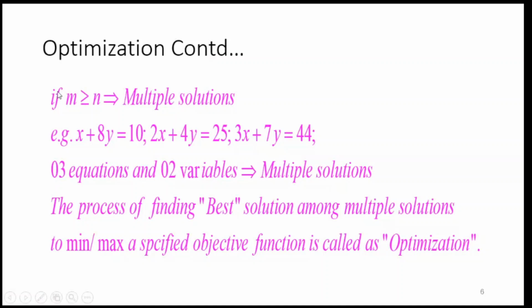Remember, when the number of equations is more than the number of variables, there will be multiple solutions, and you have to use optimization to find the best solution among the possible answers.